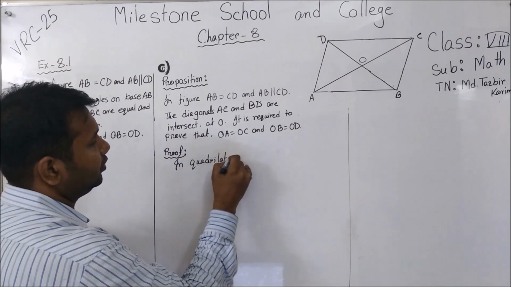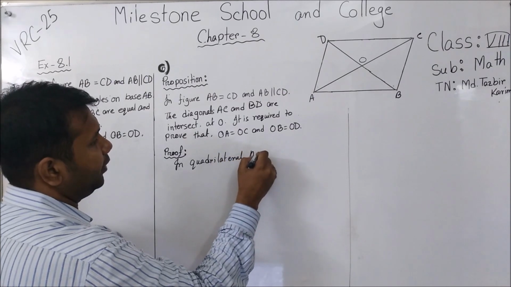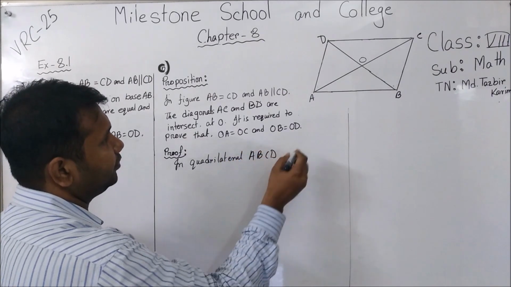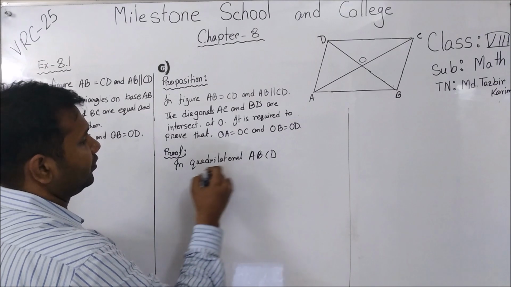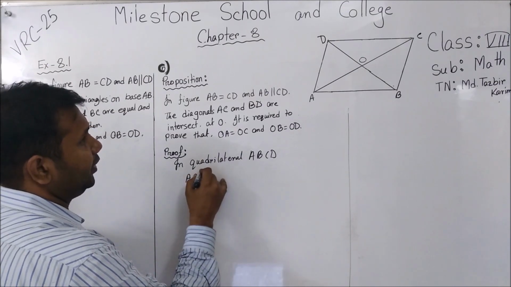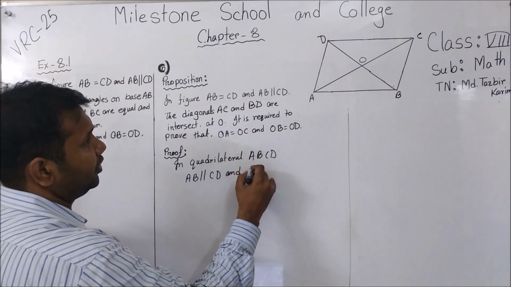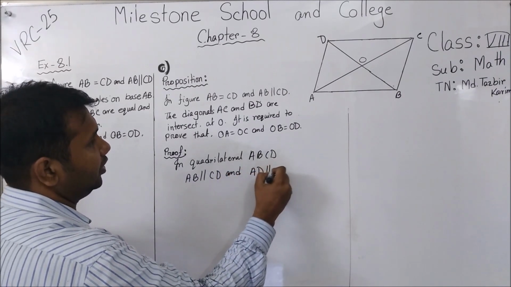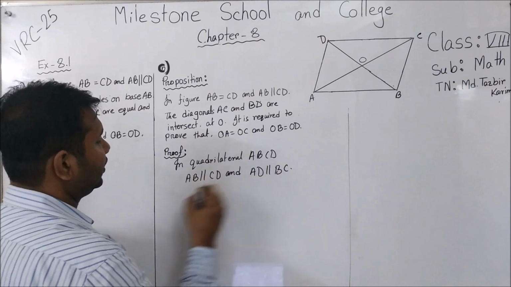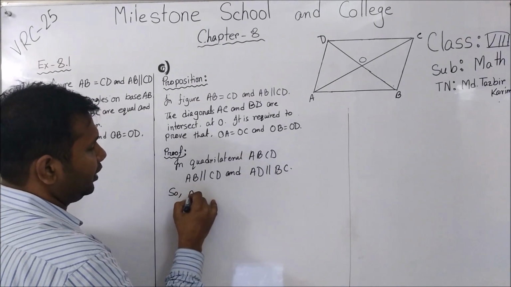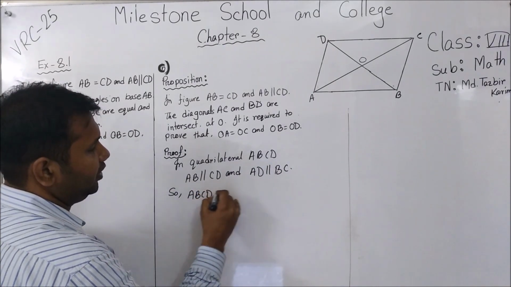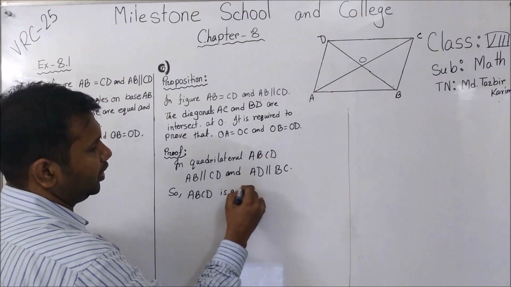In quadrilateral ABCD, AB is parallel to CD and AD is parallel to BC. So ABCD is a parallelogram.